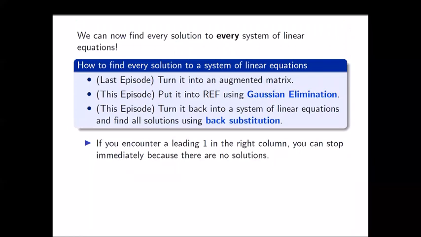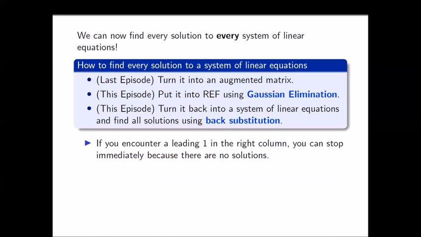Great. So I'm going to conclude here that we can find every solution to every system of linear equations by what we learned in the last episode and this episode. In the last episode, we learned how to take a system of linear equations and convert it into an augmented matrix.